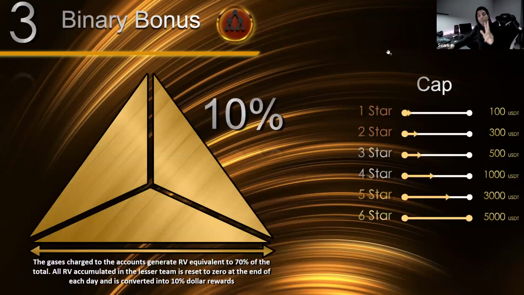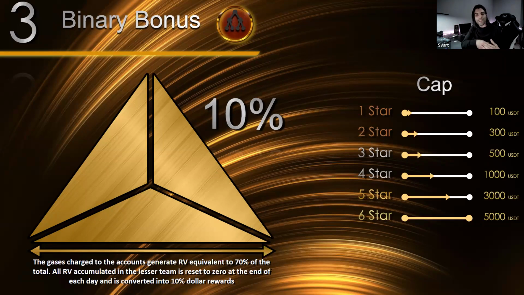We have also a third form of gain in the referral system. I will not explain it to you in detail because I'm sure that the person who invited you is better than me in fully explaining this type of bonus, but it's additional to the previous two bonuses that we saw.